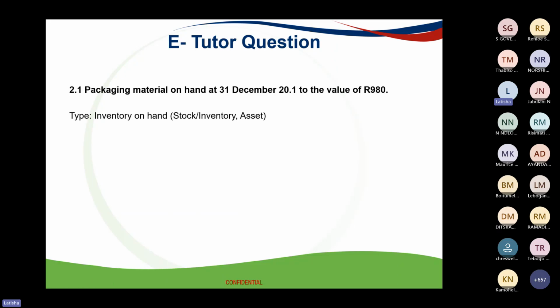So the first thing we do is what is the type of adjustment that we're trying to do? So in this case, it's packaging material. It's saying on hand is a good way of determining that it's actually inventory. So that's the first thing we do. An inventory, then we know from the definition, an inventory is an asset.